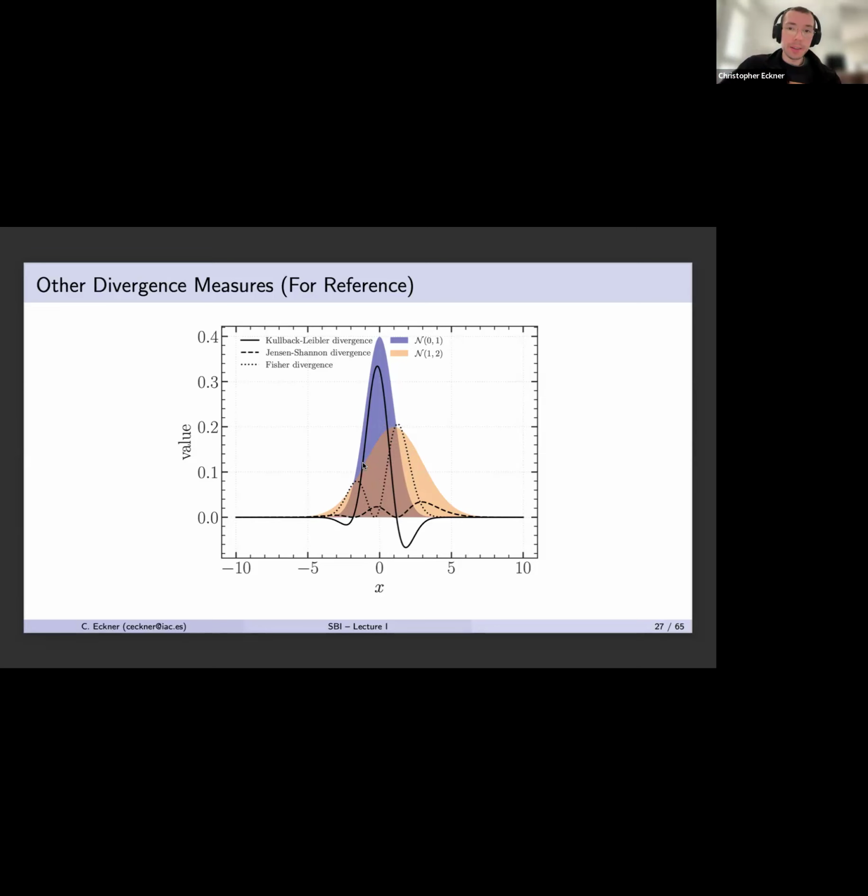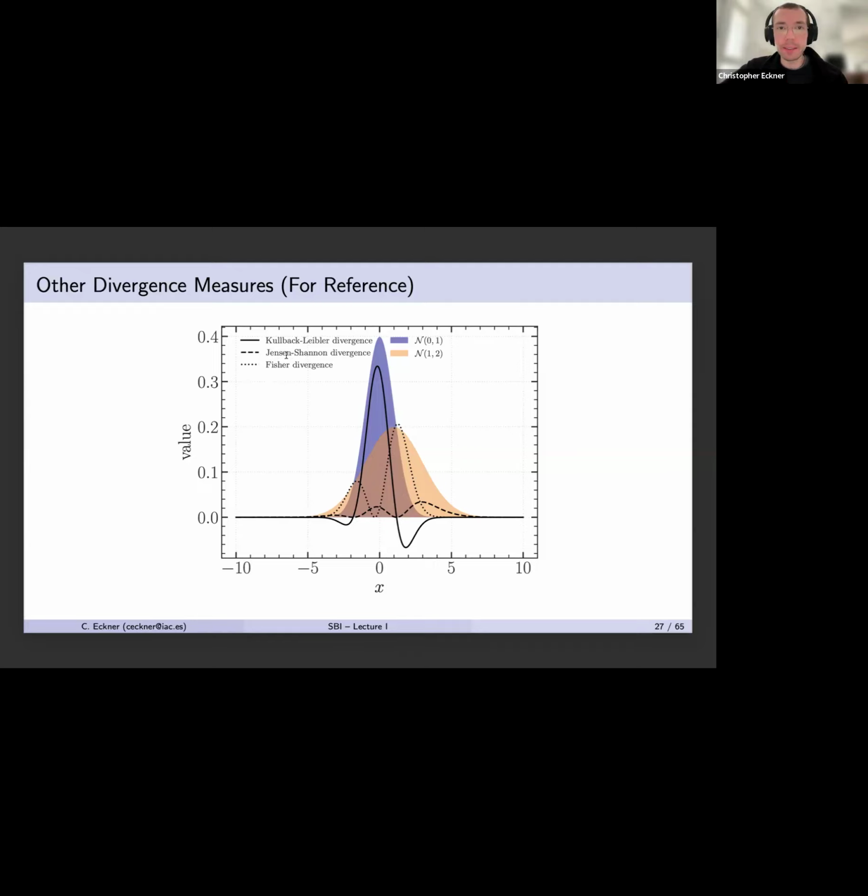Here it's positive because P is larger than Q, while here it's the other way around. And they are 0 exactly at the points where Q and P are identical. You see this here in those crossing points.